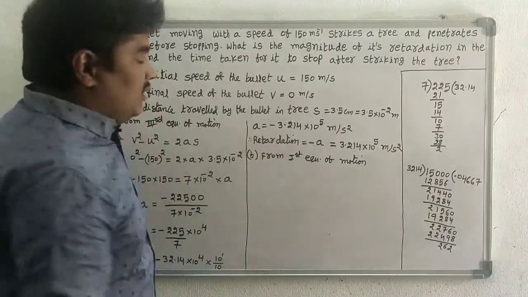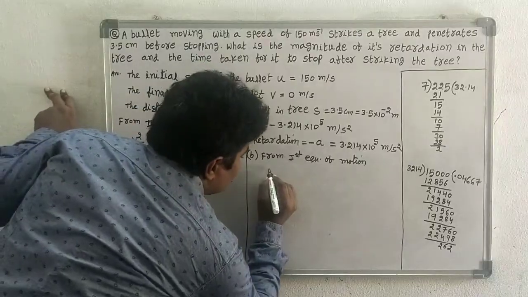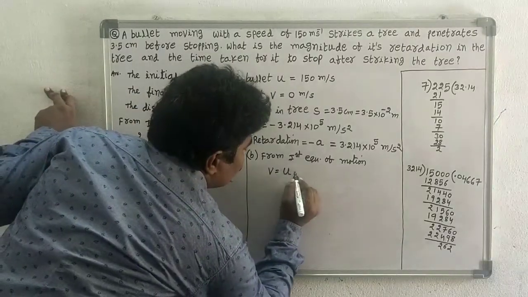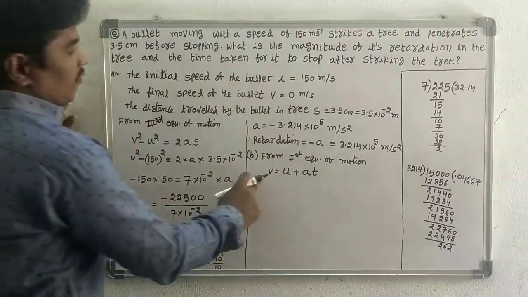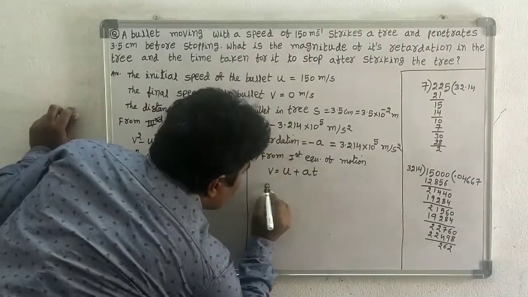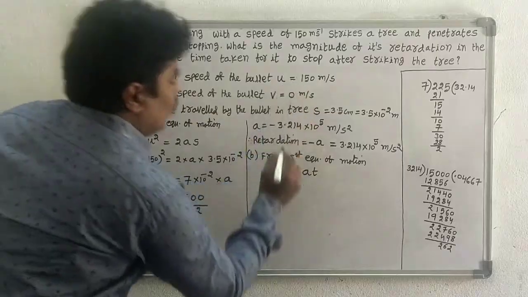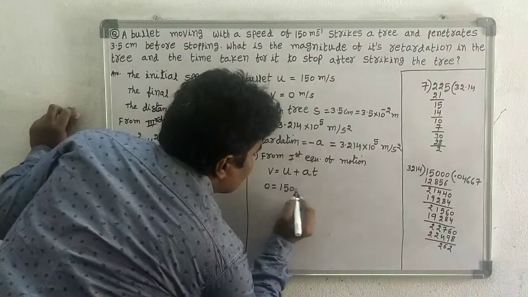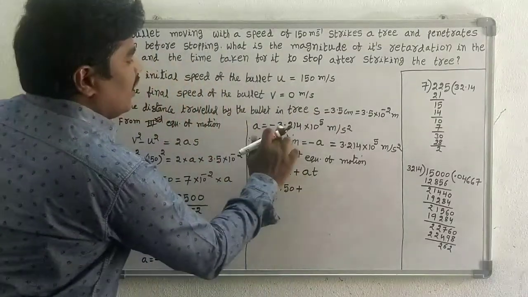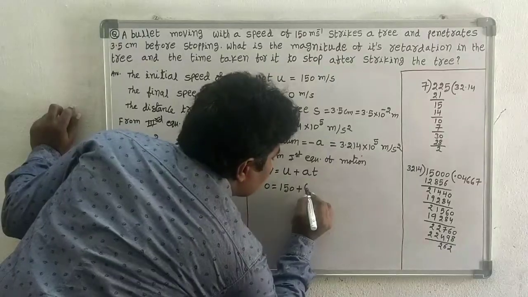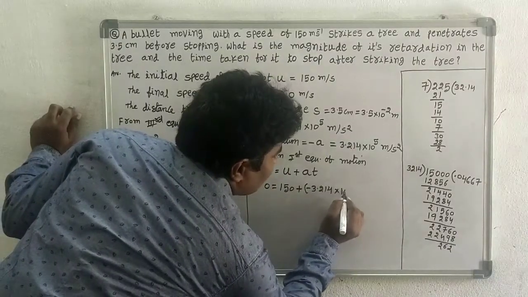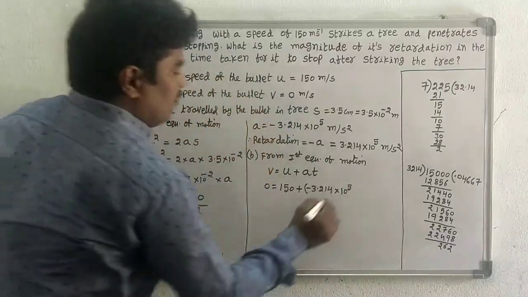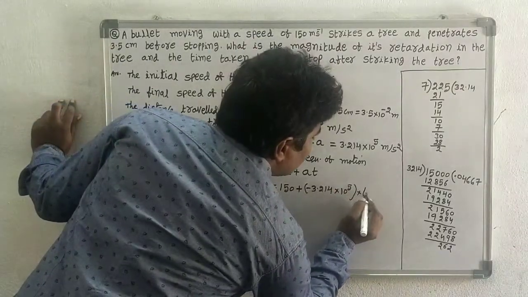That's why we take the first equation of motion. What is that? v is equal to u plus at. v is 0, u is 150, plus a, that is minus 3.214 into 10 to the power of 5, into t.